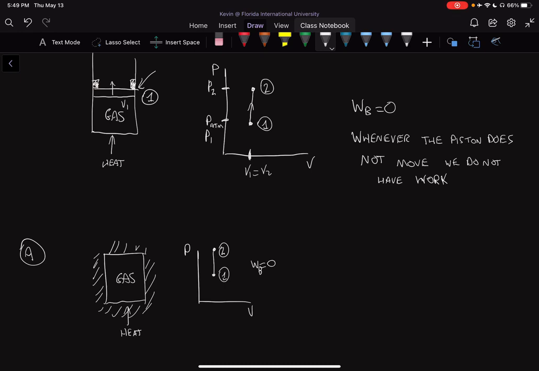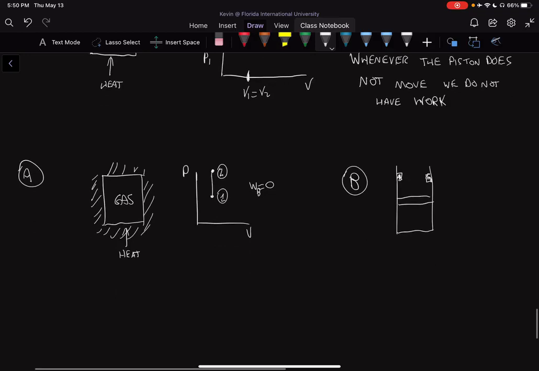Now, in example B, we're going to have the same type of system as before. We have a piston cylinder and some stops that are now placed higher than the piston itself. So what's going to happen in this case?